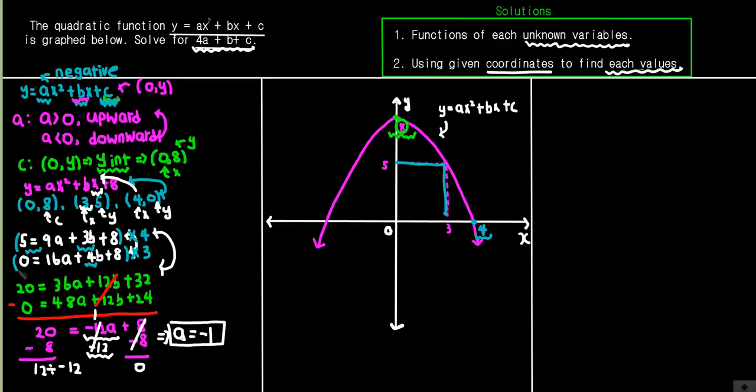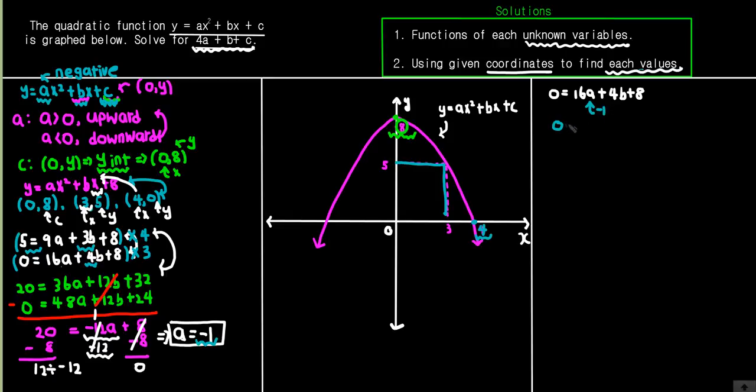At first, let's choose the last equation, which is easy to calculate because the left side is equal to 0. So if you write it down, it is 0 is equal to 16a plus 4b plus 8. We know the value of a, which is -1, so we can input the value of -1 for a.